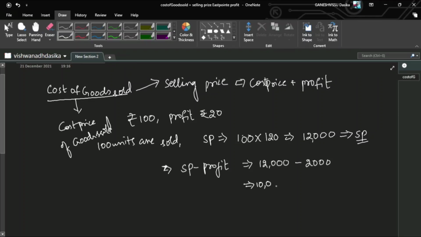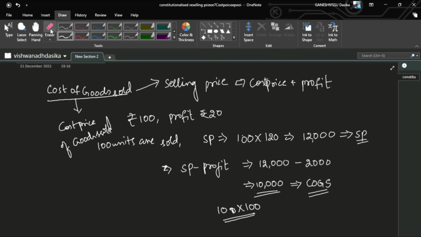This is the cost of goods sold. I repeat: what is this 10,000 rupees value? The 100 units are sold at the cost price of rupees 100. After deducting the profit from the selling price, we are able to know the cost of the goods sold. For this we have the formula.